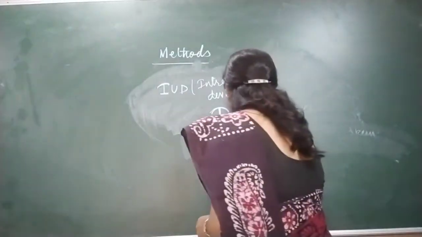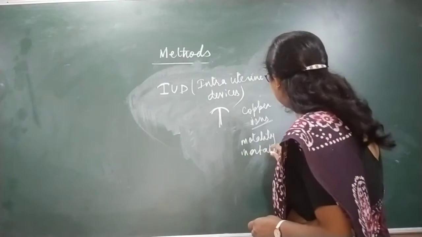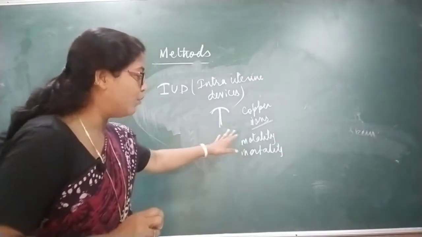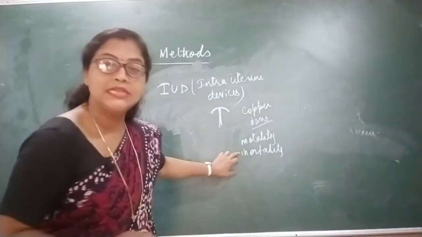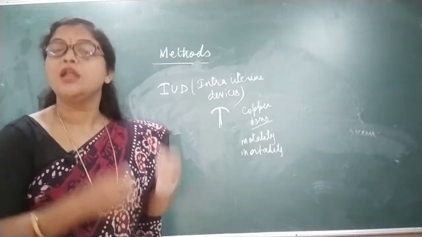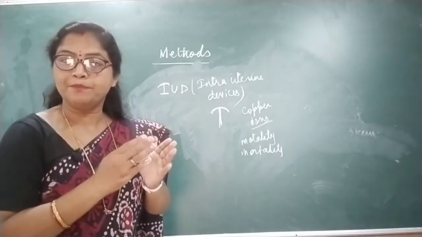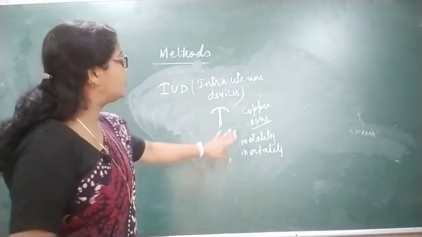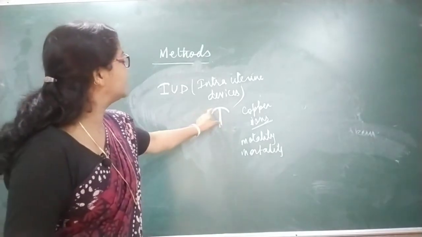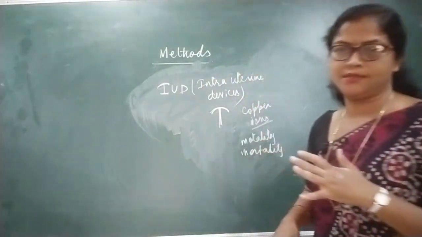At the same time, they also decrease the mortality, meaning they also kill them. These copper ions reduce the motility of sperm and also kill them. And as we know, for the process of fertilization, lots of sperm and a good count of sperm should be there and they move towards the ova. So that is why copper-made devices are used in IUD, intrauterine devices.